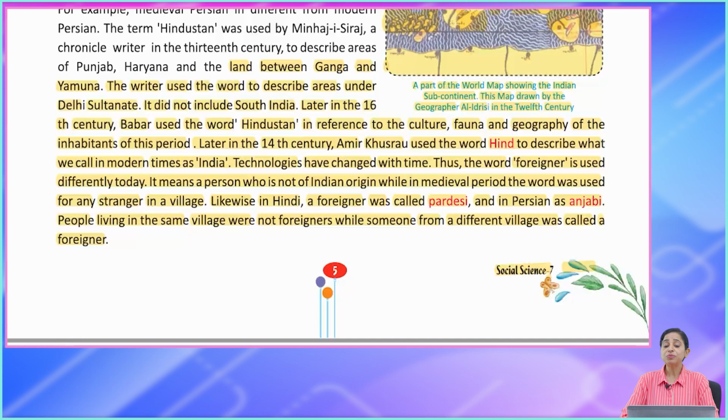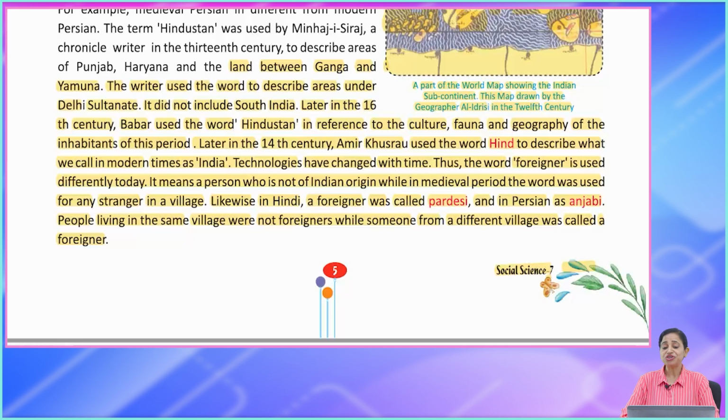The writer used the word to describe areas under Delhi Sultanate. It did not include South India. Later in the 16th century, Babur used the word Hindustan in reference to the culture, fauna and geography of the inhabitants of this period. Later in the 14th century, Amir Khusro used the word Hind to describe what we call in modern times as India.